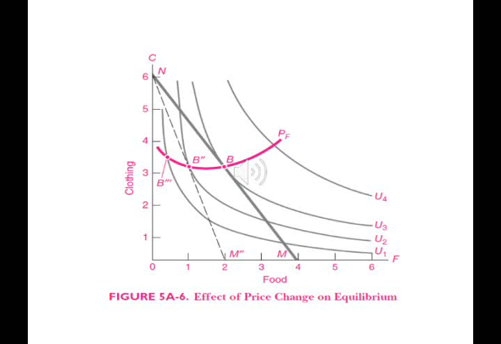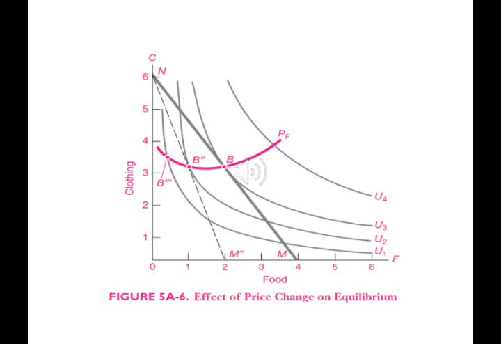It should be a point of tangency, not a point of intersection, because we want to reach the highest indifference curve but at the same time an affordable consumption bundle. So this will only happen at a point of tangency, which is B double prime. This is the new consumer equilibrium corresponding to the new price of food.